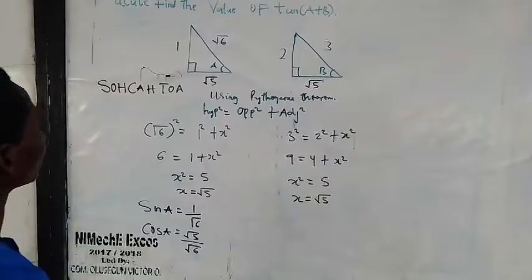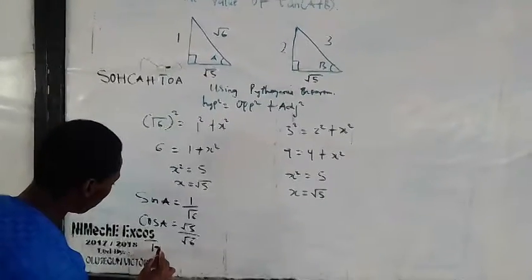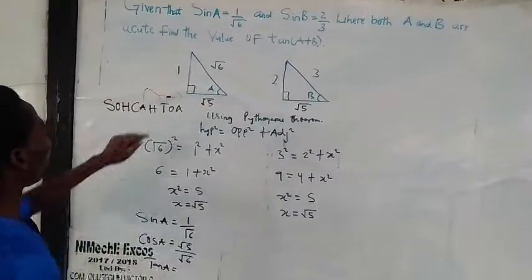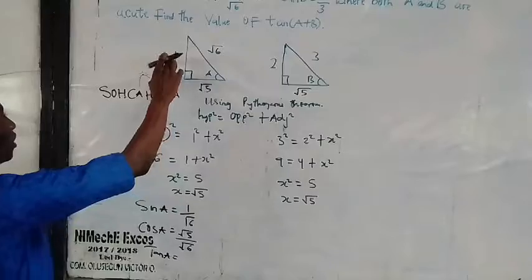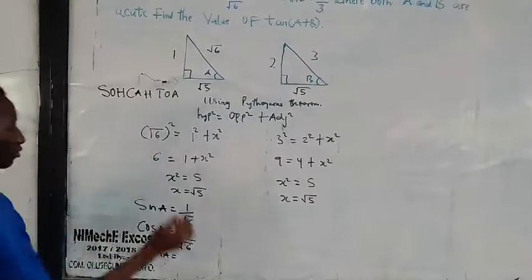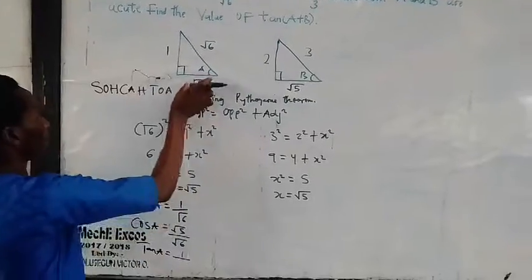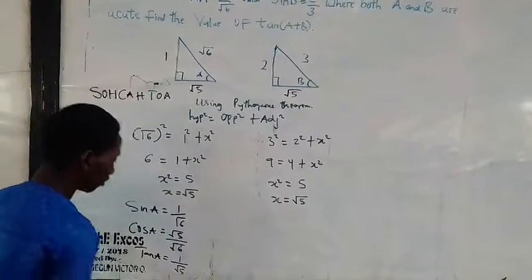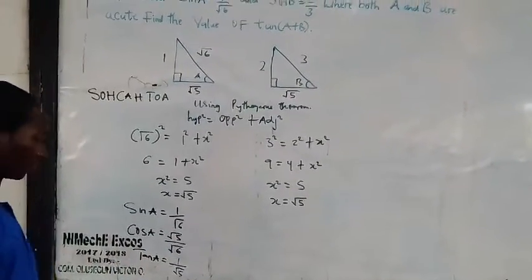Are we together? Then our tan A, opposite over adjacent. Our opposite here is where the angle is facing, 1, all over adjacent, root 5. If you like, you can rationalize or you leave it like this.